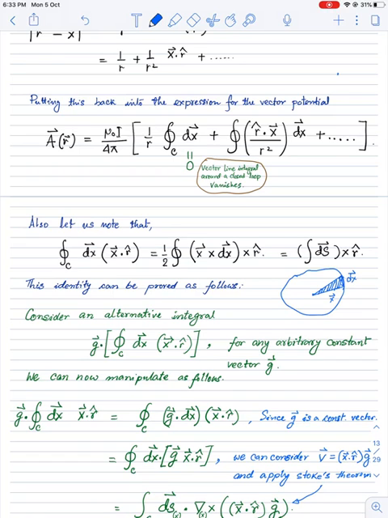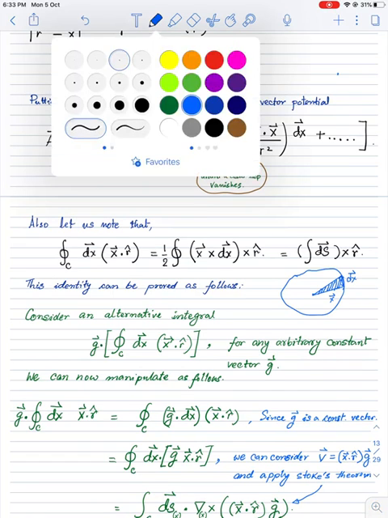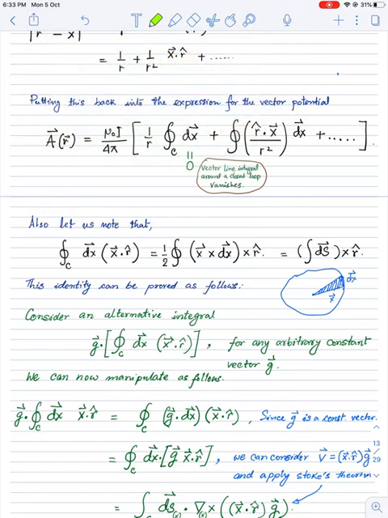And now if you do it for this whole loop here, then you will get basically the area of this whole loop. This integral ds is basically the area enclosed by the whole loop.